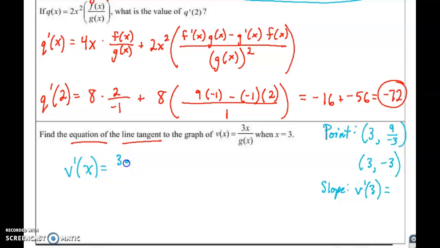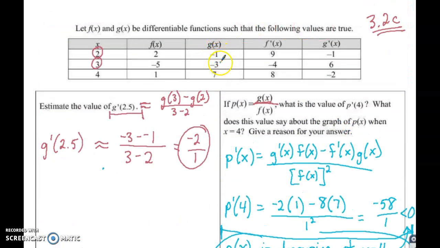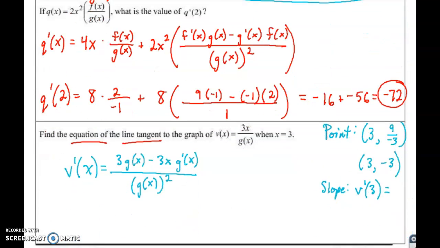Derivative of the top, leave the bottom alone. Minus, leave the top alone. Derivative of the bottom. Notice that sometimes I mess up the order. It's just like a preference at that point. G of x squared. So again, g of 3 was negative 3. So 3 times negative 3 minus 3 times 3.